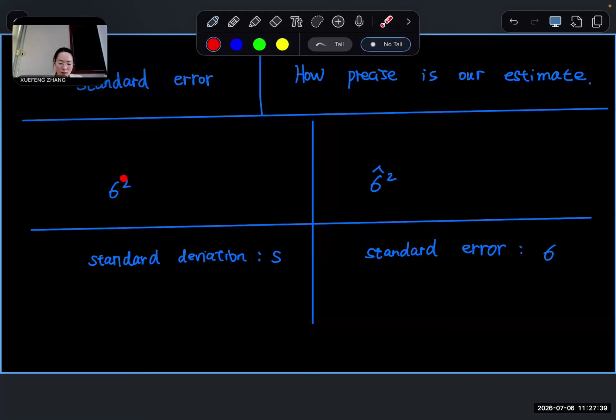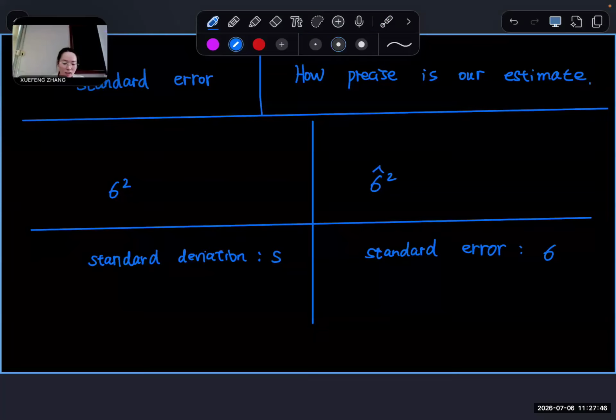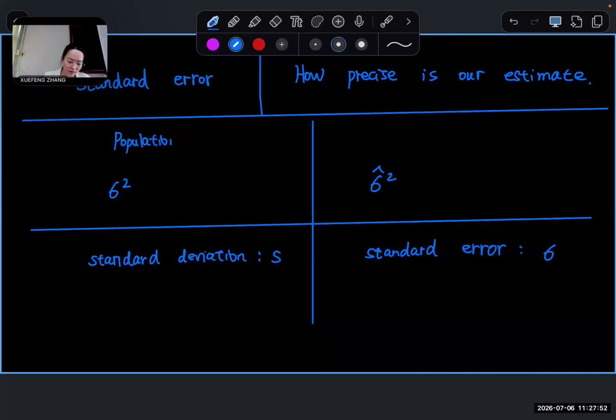If we talk about sigma square or the standard deviation, that means this is for the true population, okay? The sigma square we call population variance, right?